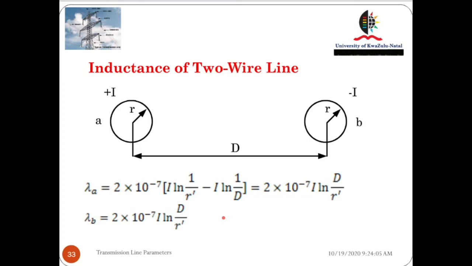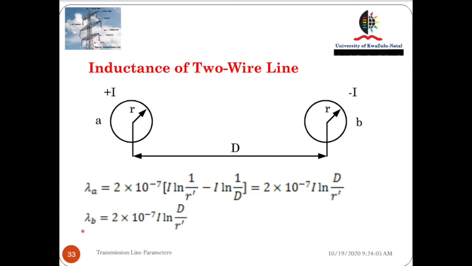So when we have that, we can calculate the total inductance of the conductor, and we find the inductance to be the same for each of these conductors. Lambda A is the flux linkage for conductor A, lambda B is the flux linkage for conductor B, and if we divide by the current, lambda A over I is 2 times 10 to the minus 7 log D by R prime.